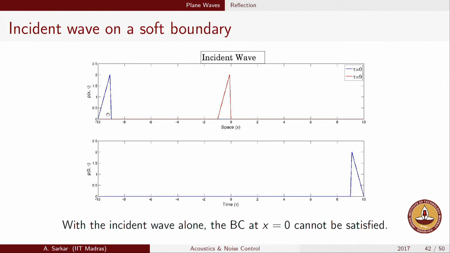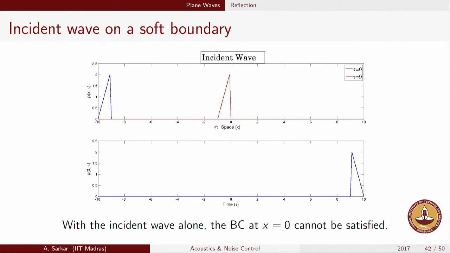So, exactly after a lapse of 9 units of time, this initial profile will advance in the positive direction to this profile which is shown in red. So far so good, absolutely no problem. At tau equals 9, you have the condition where the pulse or the wave has just reached the boundary. After then the story of reflection starts.